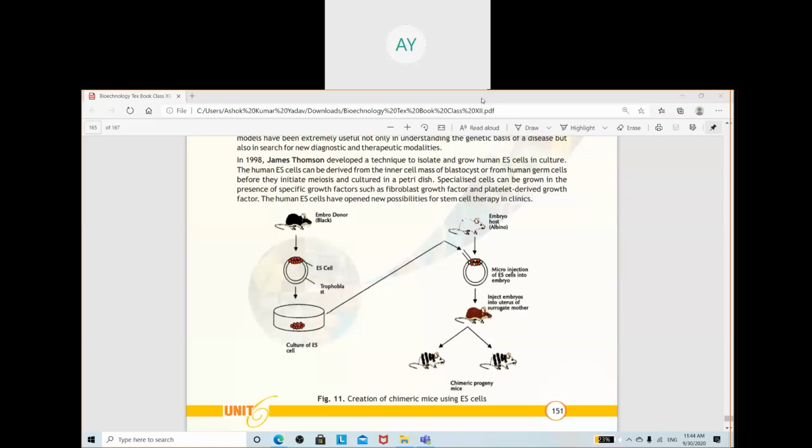So all of you try to listen, how can you create a chimeric mice. Okay, so just go through that. What is a stem cell? What is the property of a stem cell? How can you classify the stem cell, whether it is totipotent or multipotent or pluripotent or unipotent, and how can you develop the chimeric mice?